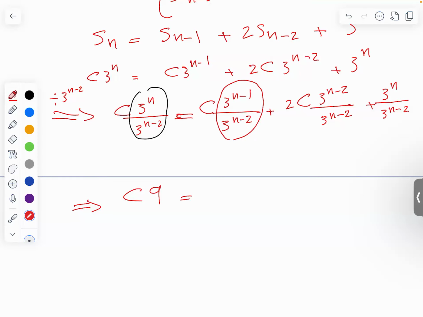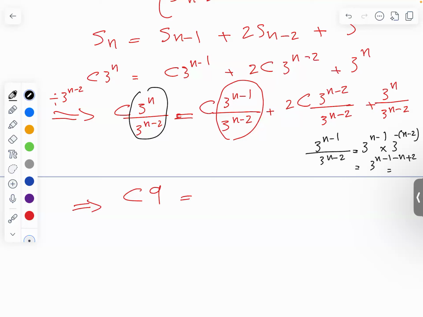Why is it 3? 3 power n minus 1 over 3 power n minus 2, 3 power n minus 1 minus n plus 2.